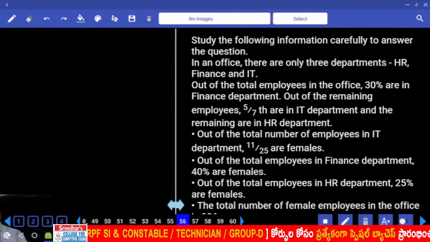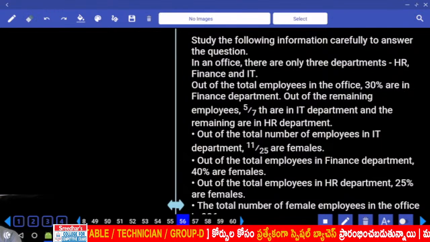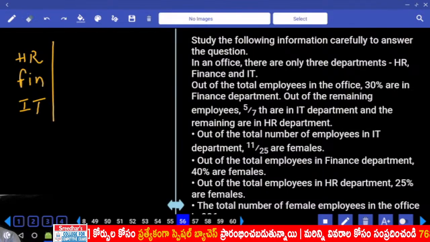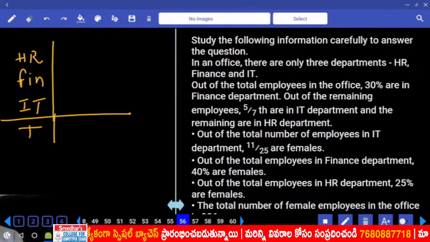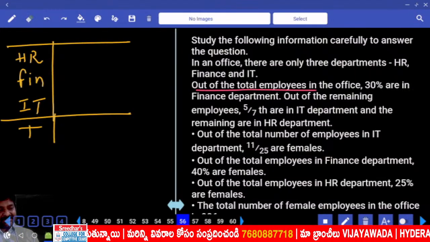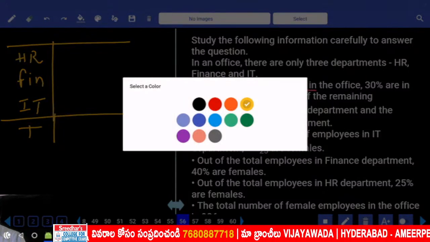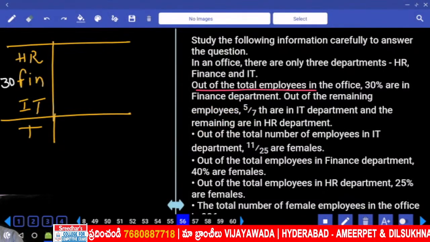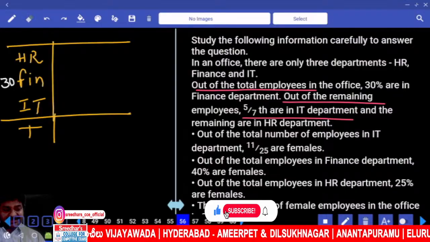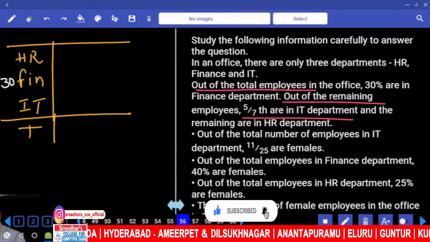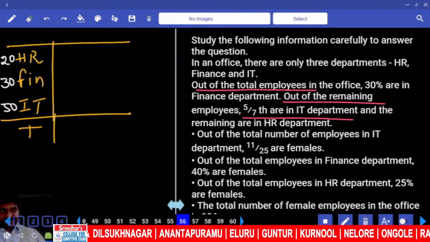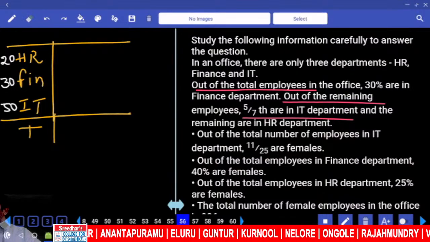Out of the remaining, what is remaining? 70. 5/7 of them are in IT. 5/7 of 70 is 50. Then the remaining 20 are in HR. Percentages: 20, 30, 50, they are all percentages.